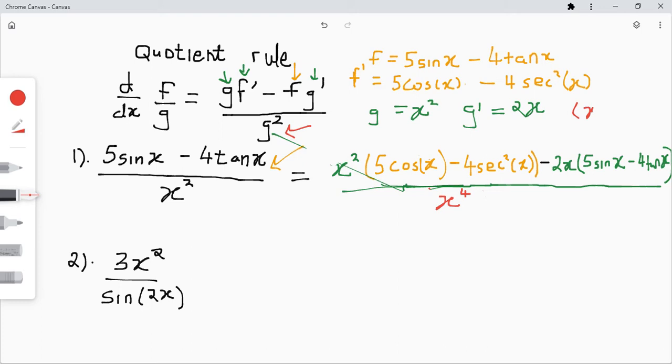Sir, when these questions come, how do you know that you have to apply the quotient rule? You apply the quotient rule when you are dividing two functions, f and g.